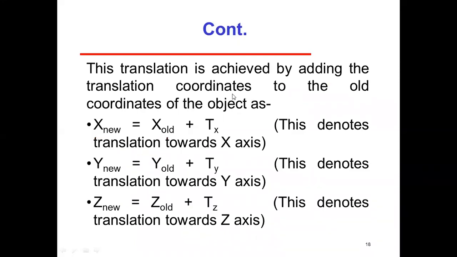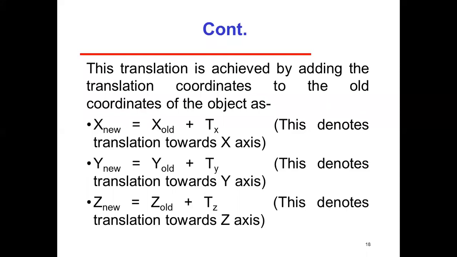In the preceding case of 2D, you have already calculated and used several equations for the translation. So what are those? x dash is equal to x plus dx, y dash is equal to y plus dy, and z dash is equal to z plus dz.